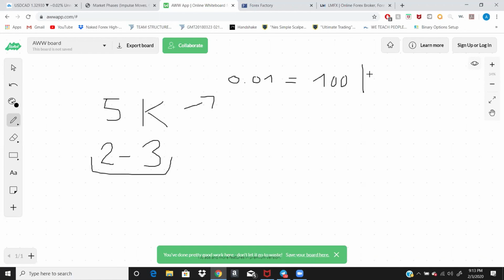With the 5K, you have 50 times this, so that means 0.50. So this is the proper lot size with this account.